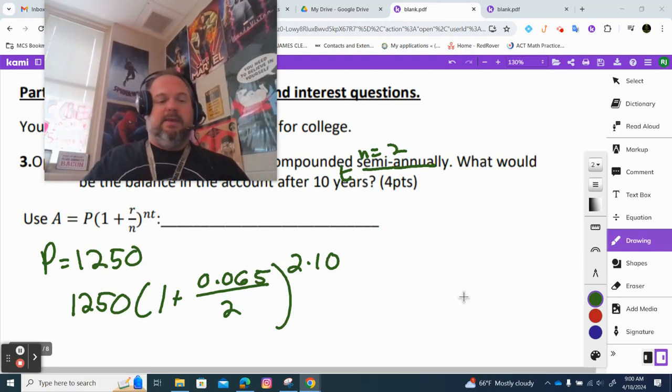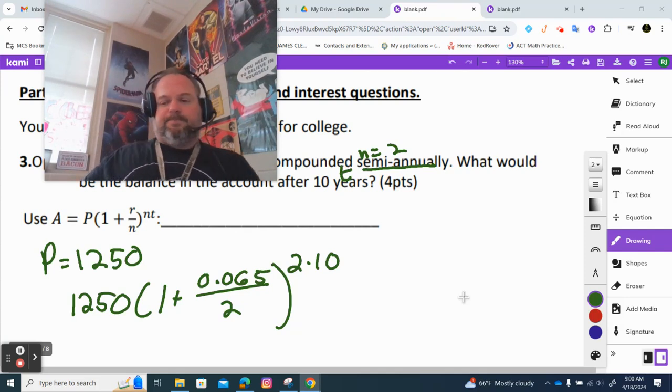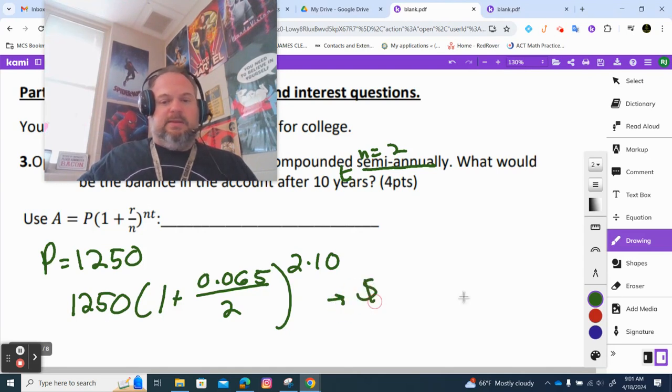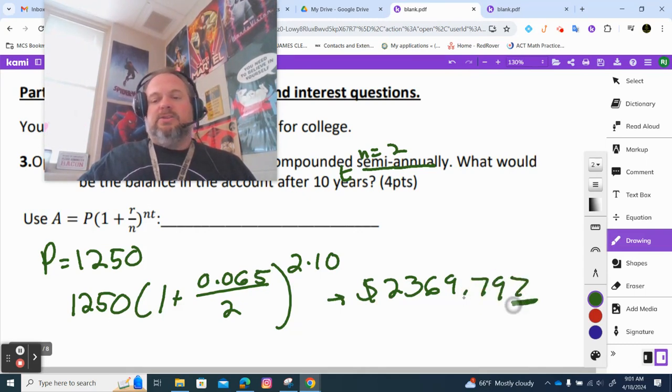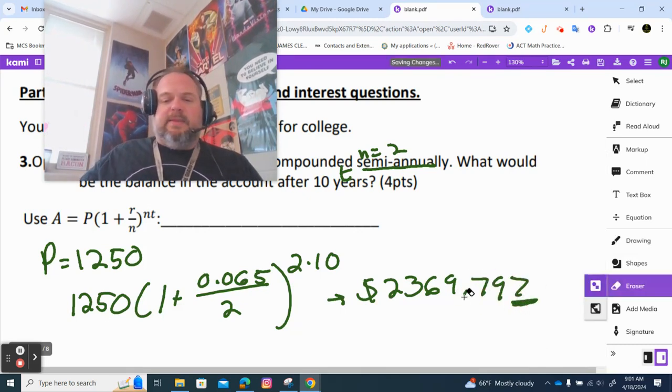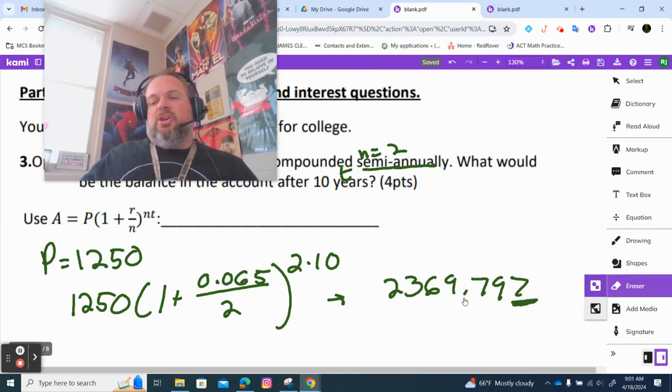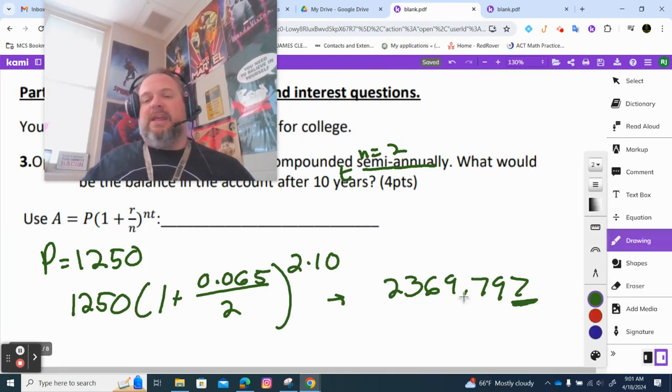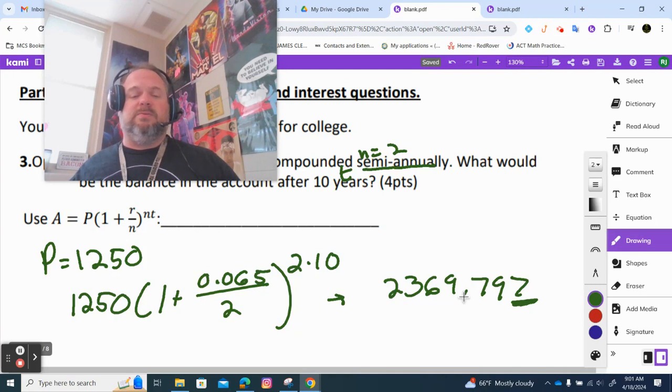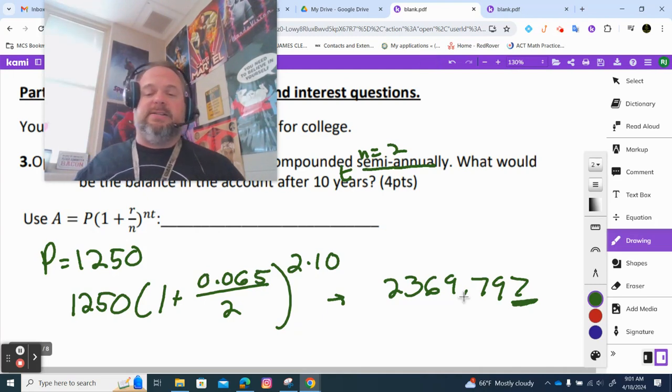All right. So, we get 2369.9. This right here, we got to take it out to 3 because we're rounding to the nearest cent.